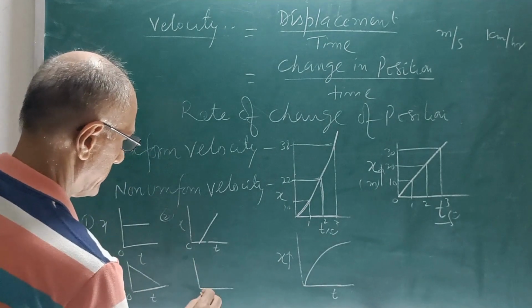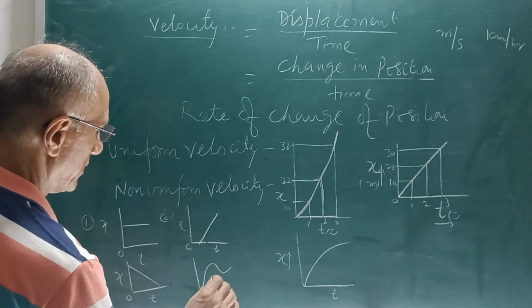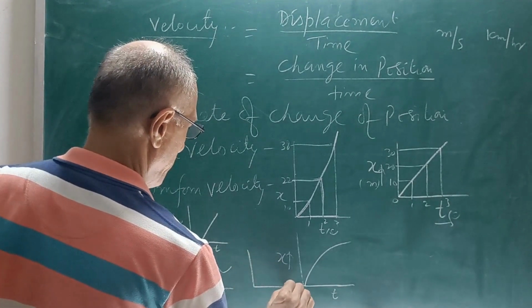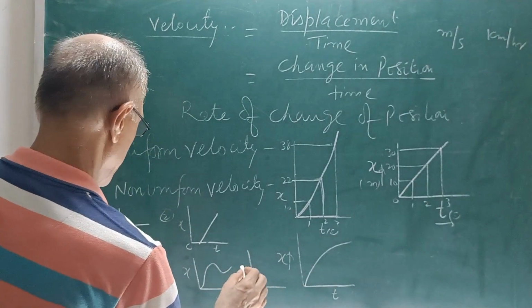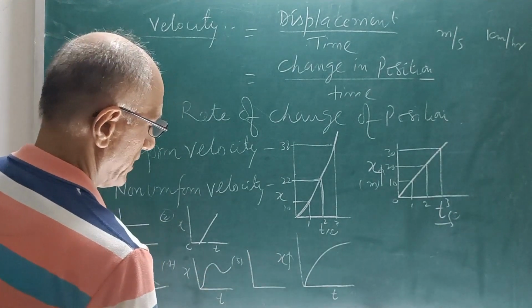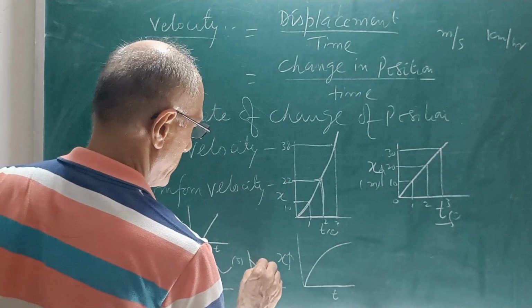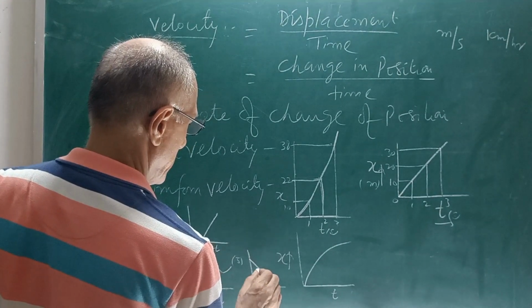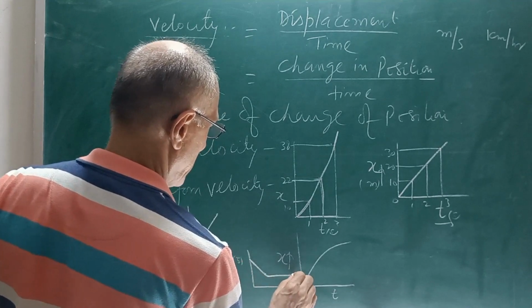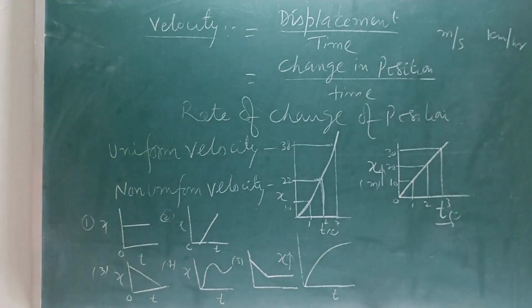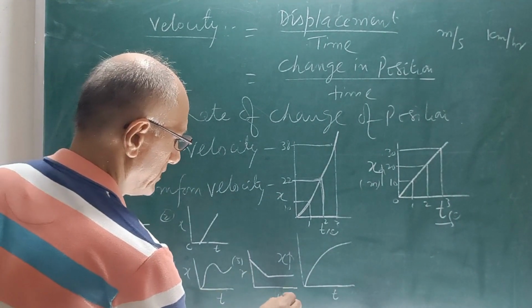And the fourth part is xt. And the fifth part, this is third, this is fourth, and this is fifth. And in case of fifth, this is x and this is t.